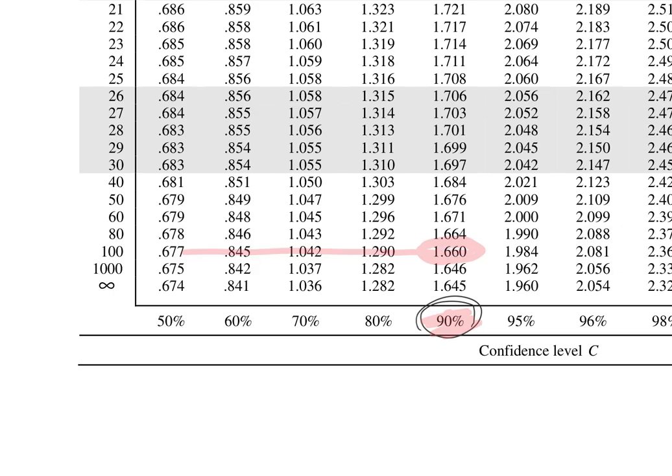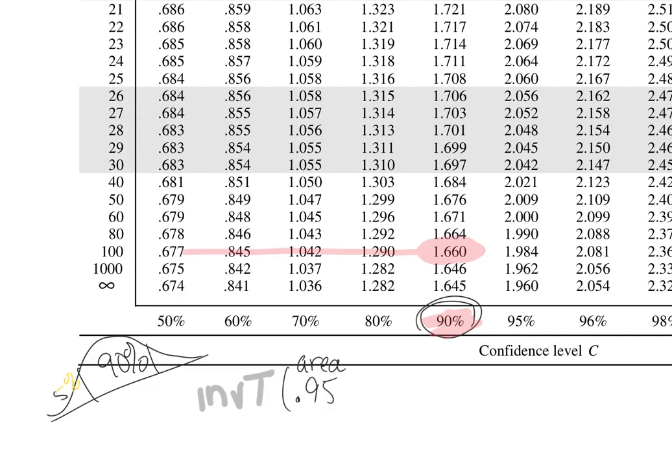So 90% is here, and then 100 degrees of freedom, so 1.660. Okay. Now if I'm doing this in the calculator, I can do inverse t, and I'm going to put in 0.95 for my area because our 90% confidence interval is 90% in the middle and 5% on each side.